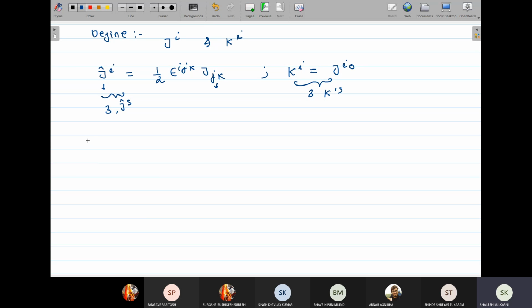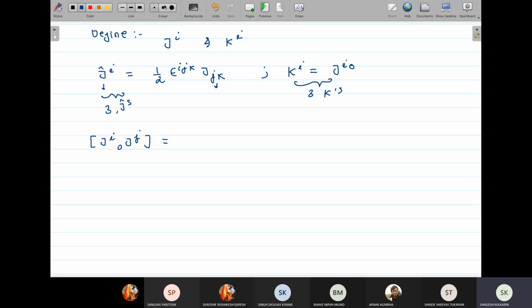Now, if you take this commutator of Ji with Jj, it is the same as taking, if you know the commutator of Jjk and say Jlm, you can calculate the commutator of Ji and Jj.